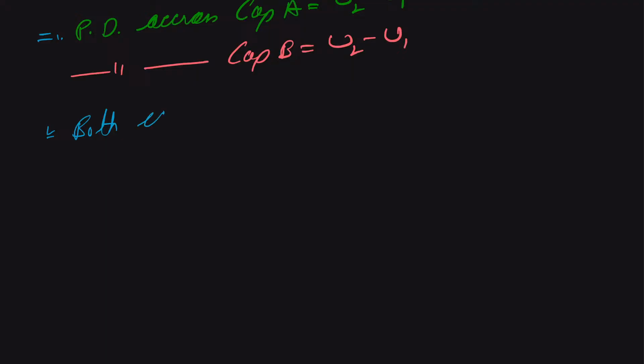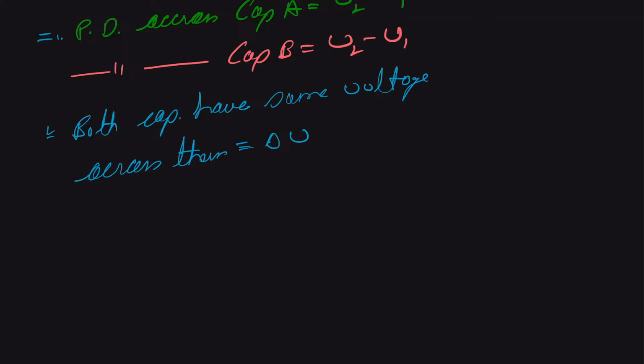Both capacitors have the same voltage across them, and that is our delta V, equal to V2 minus V1.